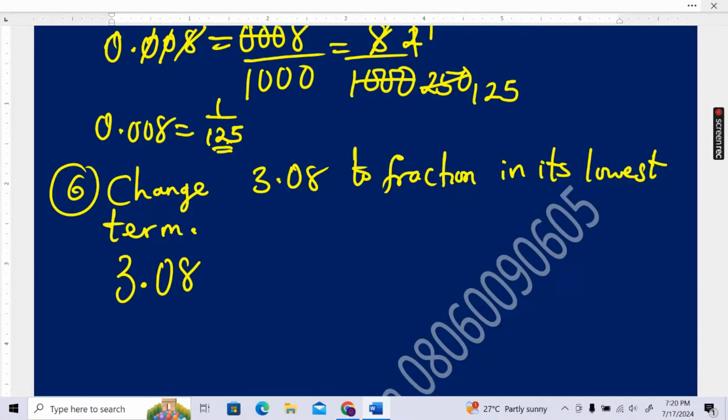Amazing. Your lowest term can be a mixed number. So make sure you change to mixed number.